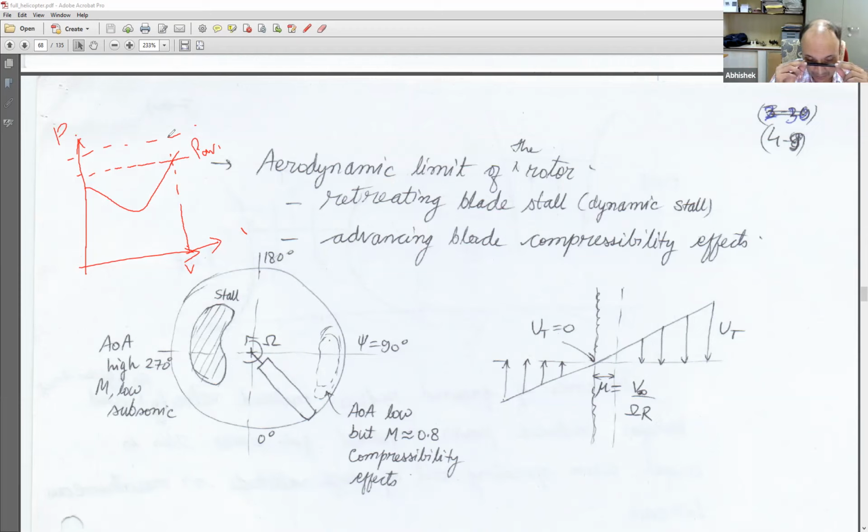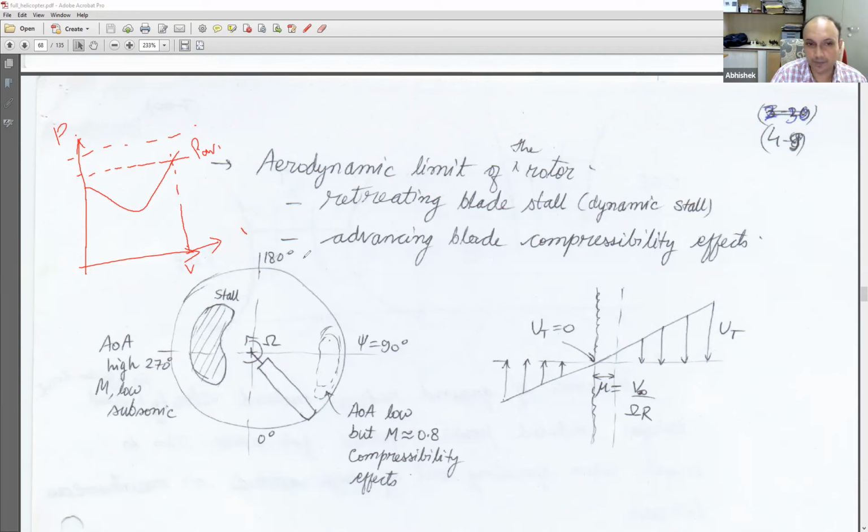So what are the key factors which govern or determine the maximum speed of a helicopter? Some of it is already given here on these notes. Are you able to make out what things we are talking about? The most critical parameter which compromises your ability to fly forward at a higher speed is what?